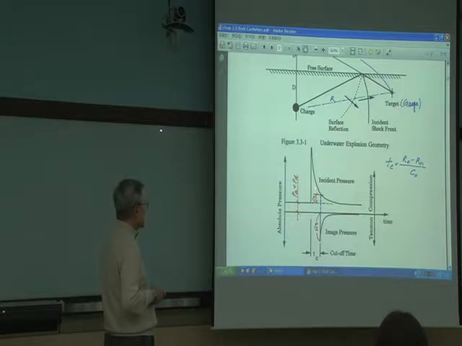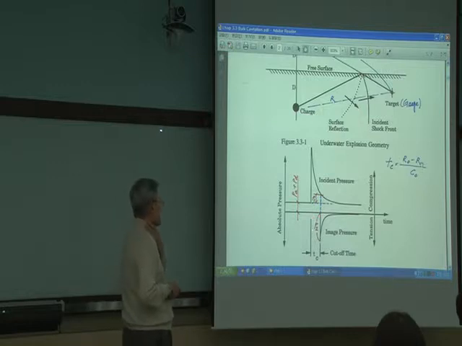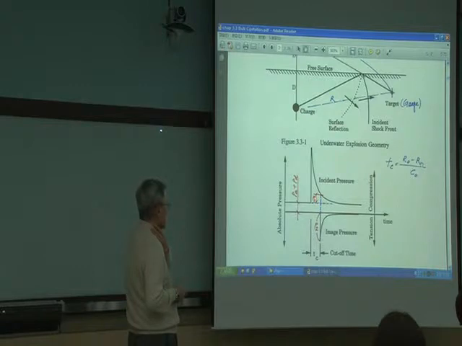Students usually, not everybody misses it, but they should compute the P1, the incident shock wave pressure at the time the rarefaction wave hits the target. Some students miss this when they compute the total pressure to check whether total pressure is 0 or below 0 to declare the cavitation.